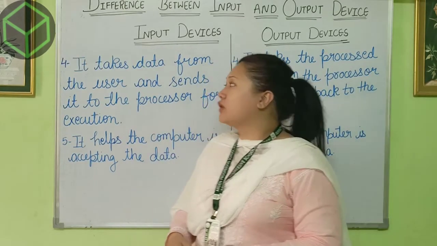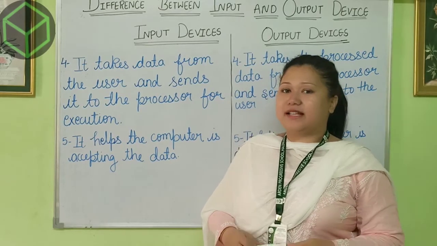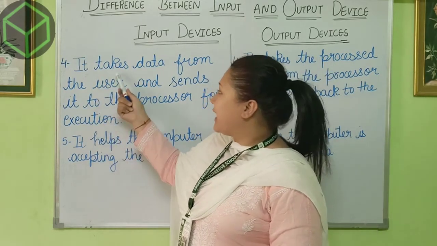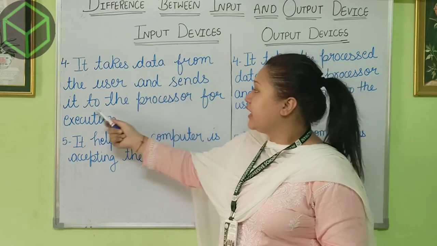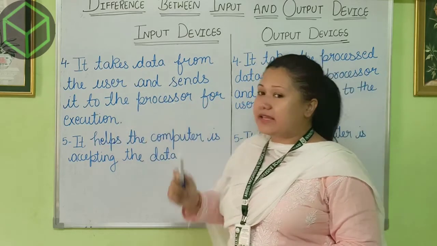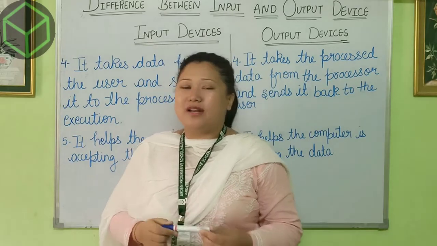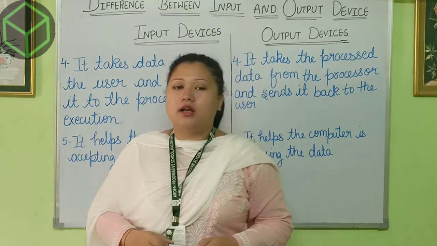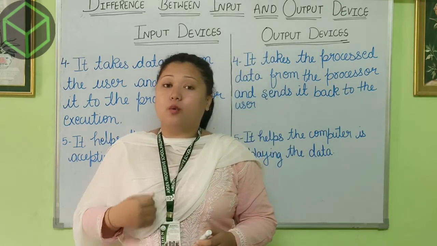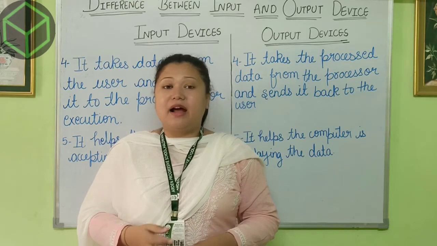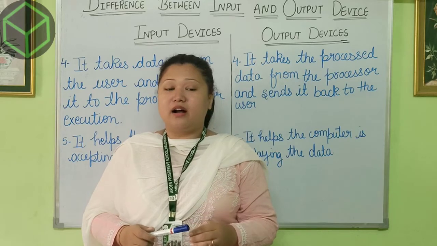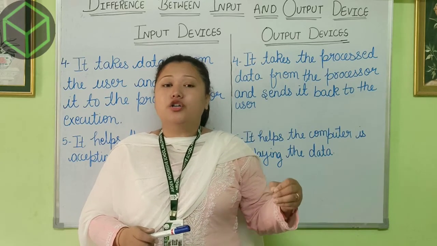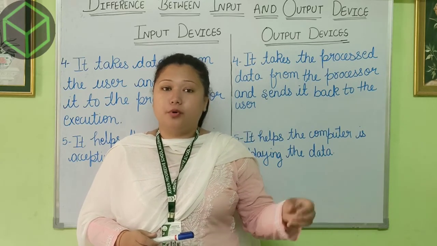Now the fourth difference between input device and output device: an input device takes data from the user and sends it to the processor for execution. Now what is execution? As you know, the user provides data to the input device, and the input device forwards that data to the CPU for processing.